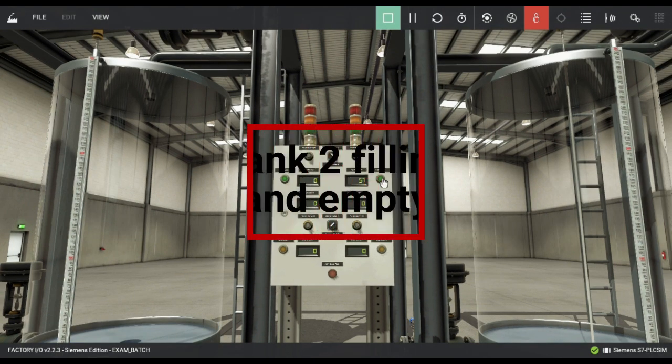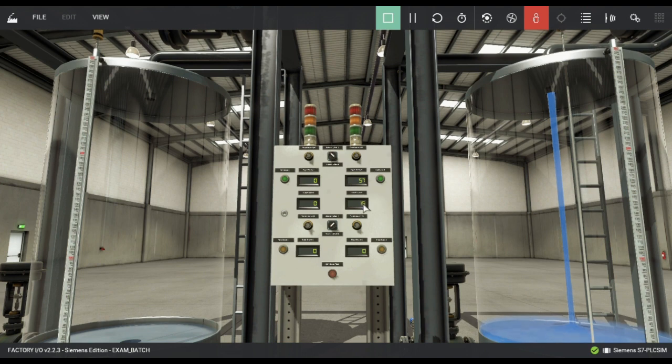This part shows that tank 2 empties and fills the amount given by the potentiometers.